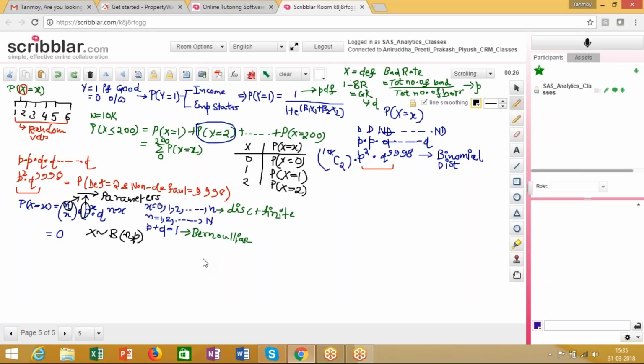Clear? So n and p are called the parameters of the binomial distribution.